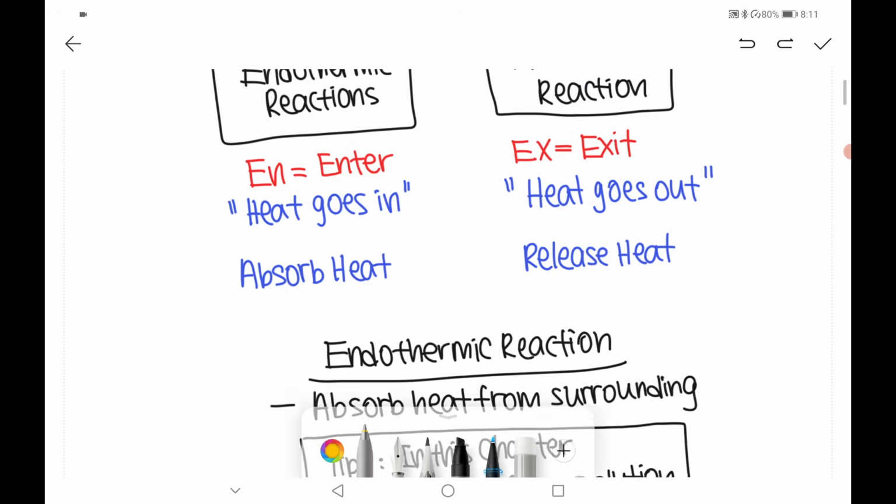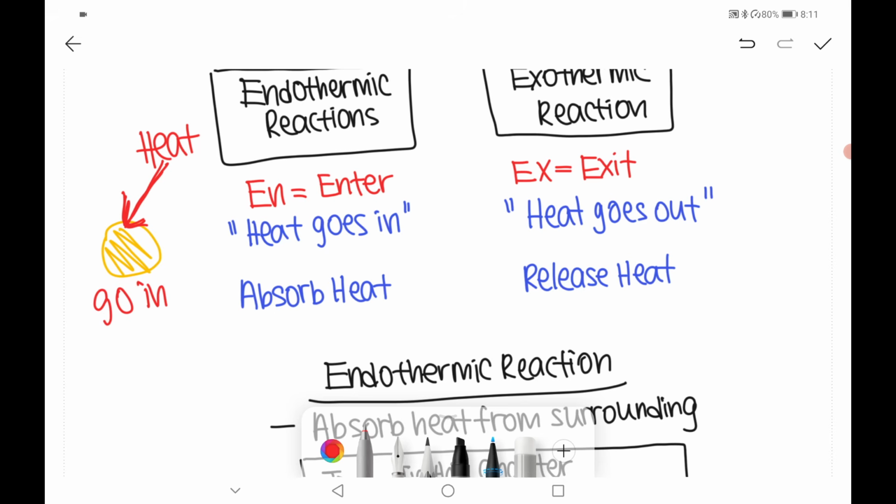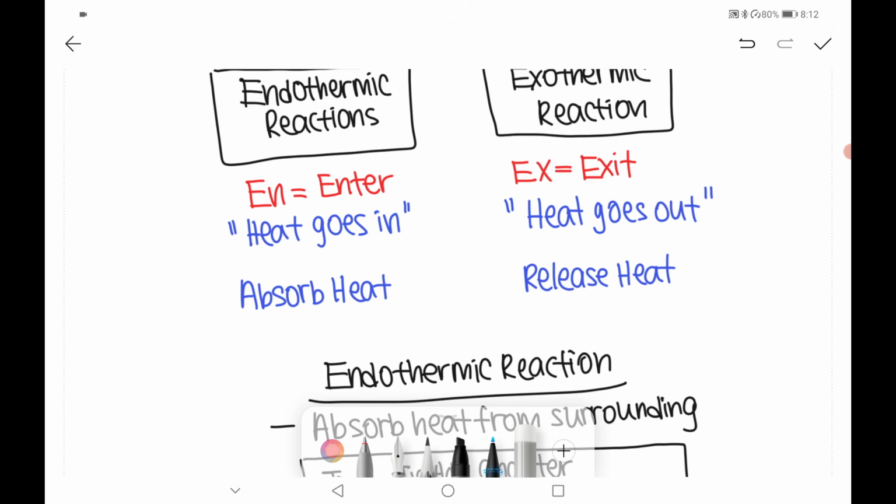Let me show you an example here. This is a chemical substance. If this chemical substance absorbs heat from the surroundings, you take in the heat. When the heat goes in, it is endothermic. How do you know it is endothermic? Enter. The heat enters the chemical substance. That is endothermic. What about this?